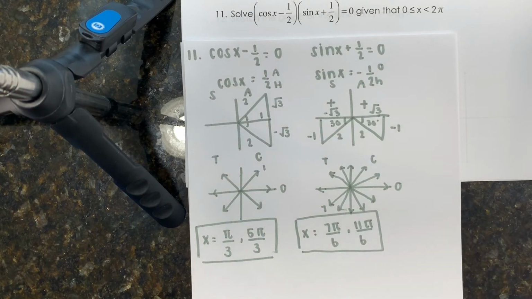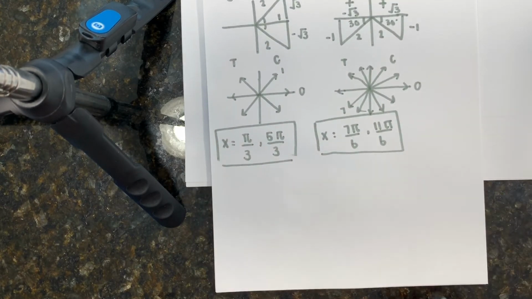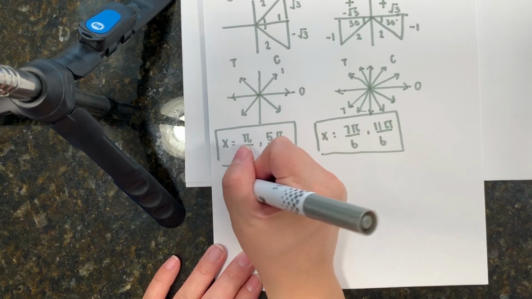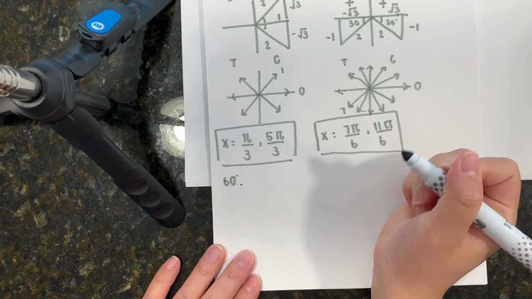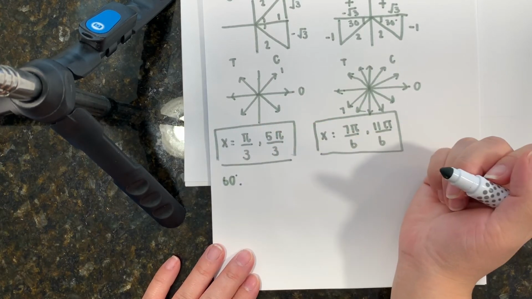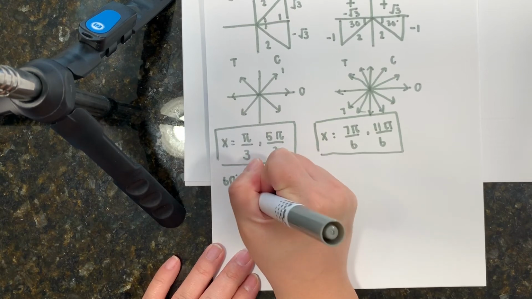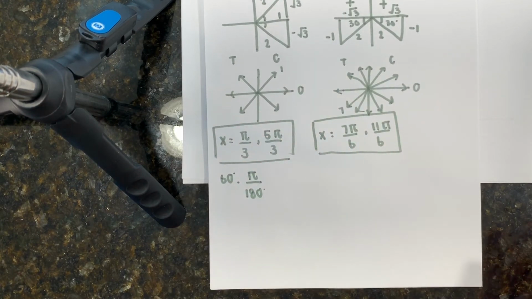Now, I told you I would show you how you would solve if you didn't know how to convert from degrees to radians. So my first answer, I would know, is 60 degrees. I would have to convert each individually by hand by multiplying that by pi over 180 degrees, and you would have to simplify it from there. And you would have to do that with each individual angle.